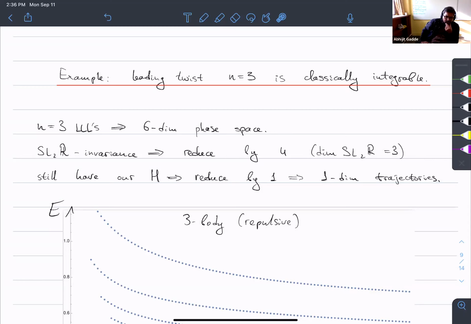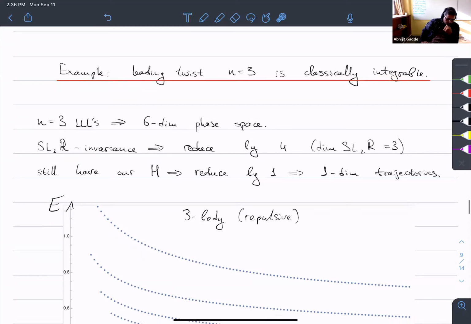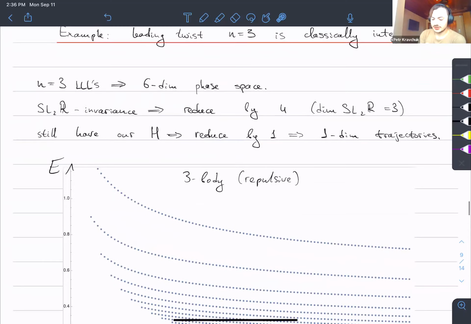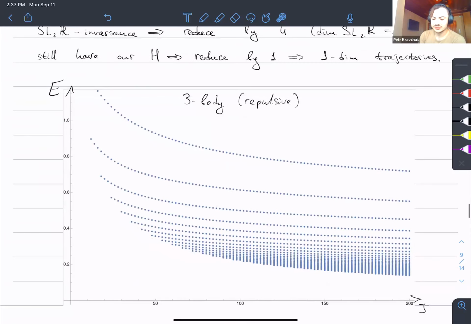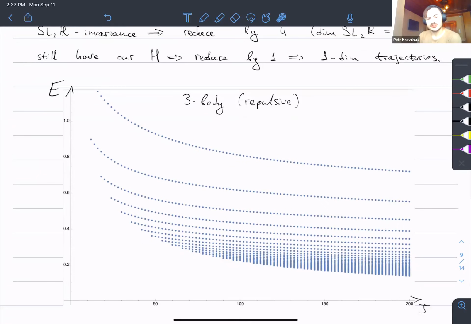Okay. And you can see this in the spectrum. It's not very scientific, but one thing you can do is, for every spin, you have a finite-dimensional space, so you can take some pair interaction and diagonalize it, and you get a spectrum which looks sort of like this. This is for repulsive interaction.